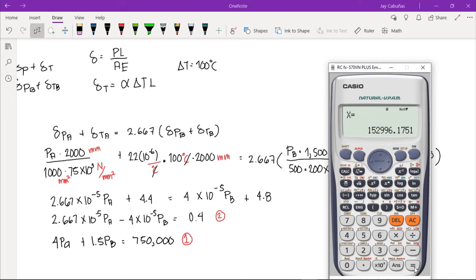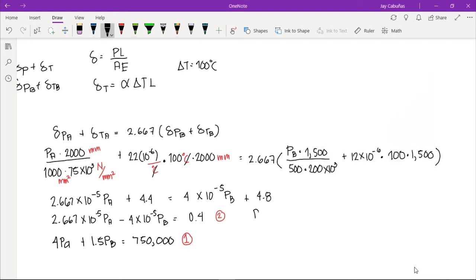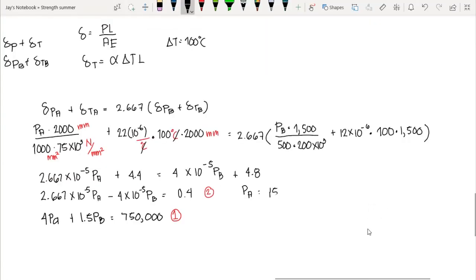And we have this value 152,996.175, that is in terms of Newton. And we have 92,010.2 Newton. We have our PA, that is 152,996.175 Newton, or we could say that is 153 kilonewton.